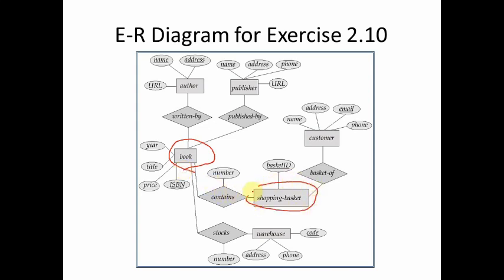Shopping basket can also form an entity, and then we have customer as an entity, and then we have publisher entity, author also as an entity, warehouse as an entity, and then remember the diamonds are forming the relationship sets. Now you can see we have a relationship set contains also having an attribute there.